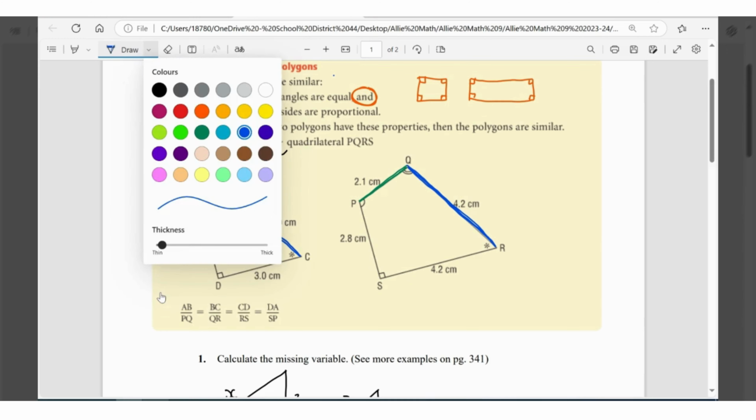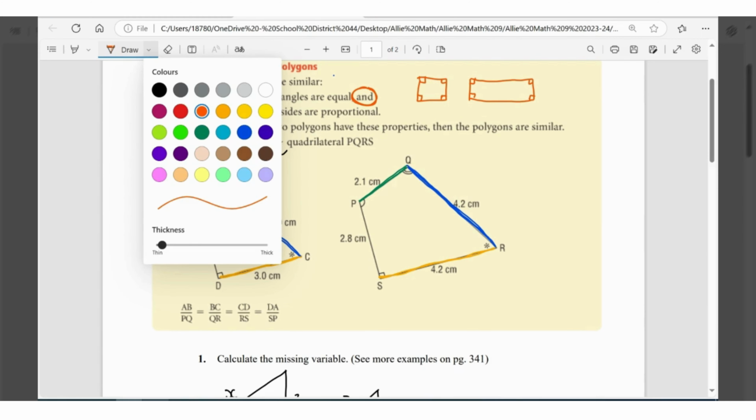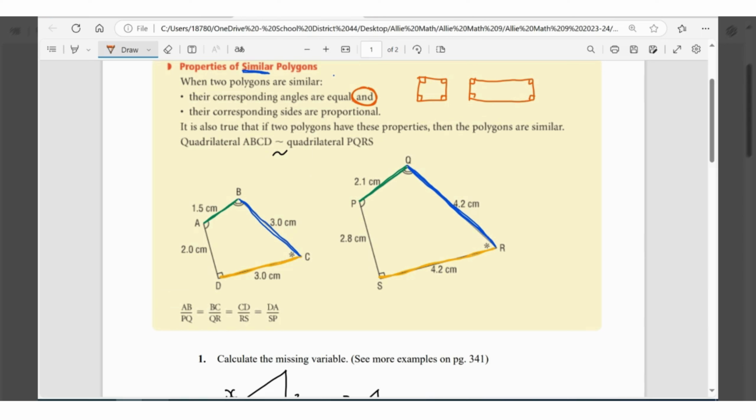And that side CD right here should be proportional to RS. And then finally, side DA should be proportional to SP, like that.